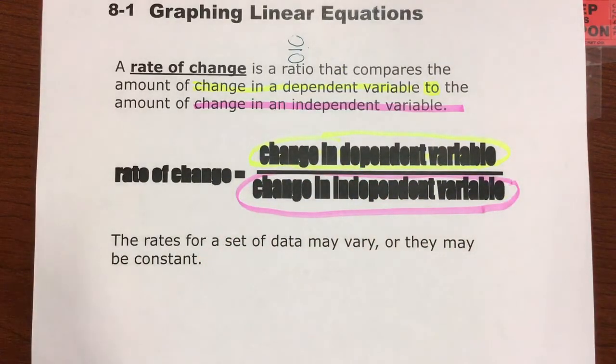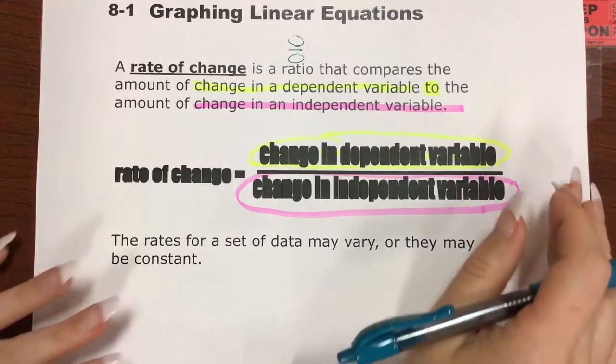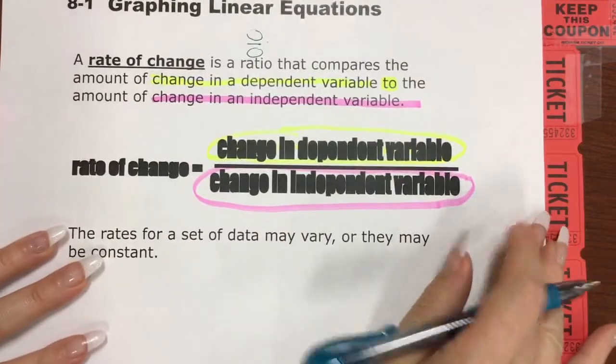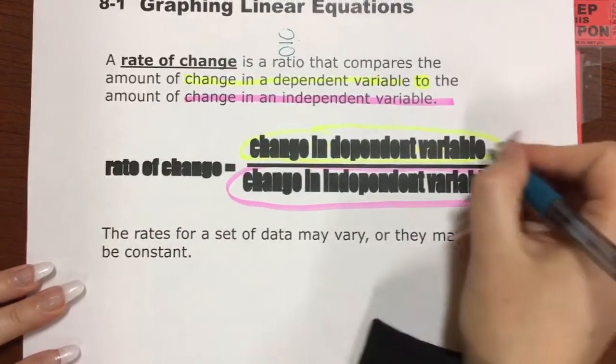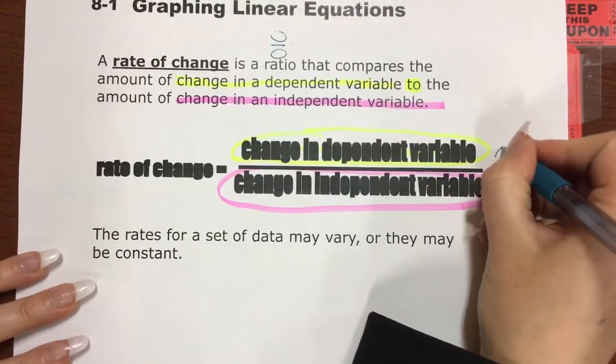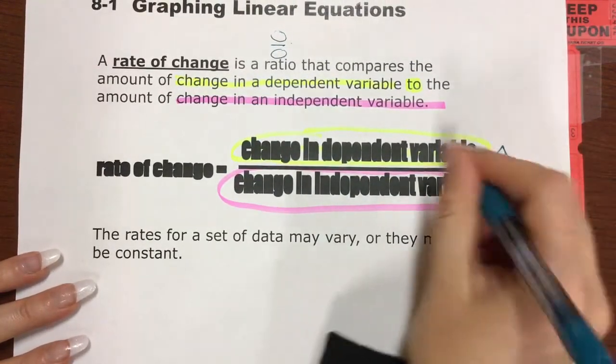Now, I don't know if you've ever heard of the terms dependent and independent variables, but really what that means is a dependent variable or change. What they like to use in mathematics is a triangle, and that represents change.